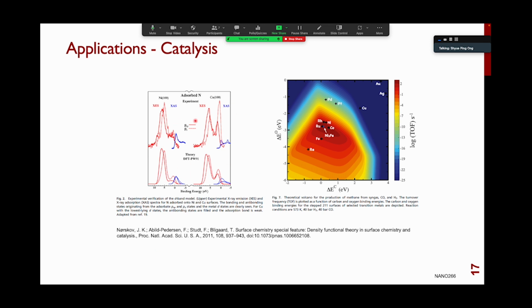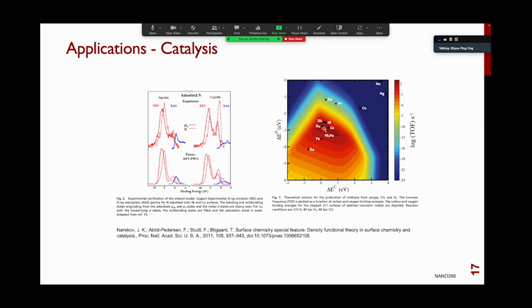Now, this is yet another example where they were studying adsorption on the copper surface, okay, and they also calculated the adsorption of carbon and oxygen binding on all these different metals, and this results in what is called a volcano plot, okay? So this is the binding energy of carbon, and this is the binding energy of oxygen on the y-axis, and you'll see that the best catalysts, the ones with the highest turnover frequency, all exist in this region.